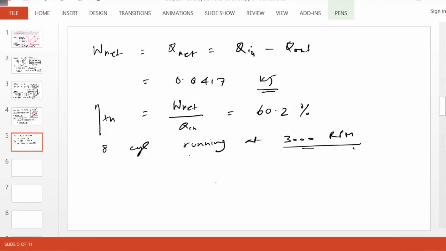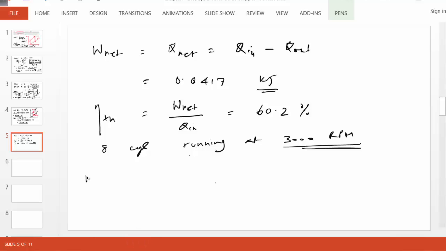That's what your odometer in the car shows when you drive a car. So how can you convert that number into what is the power of the car? So this is from one cycle. So if you multiply this by number of cycles, that will produce W dot net. And then if you multiply that by 8 cylinders, we'll get the total power of the cycle.